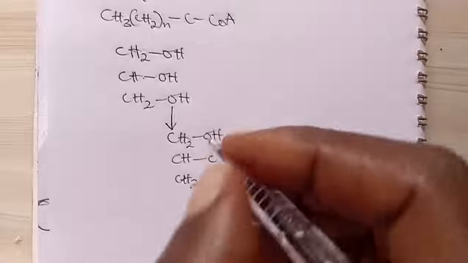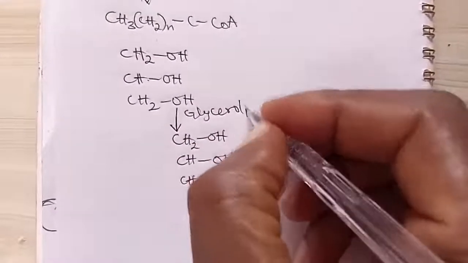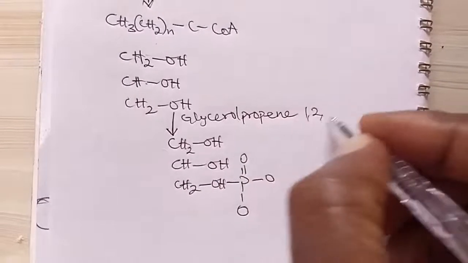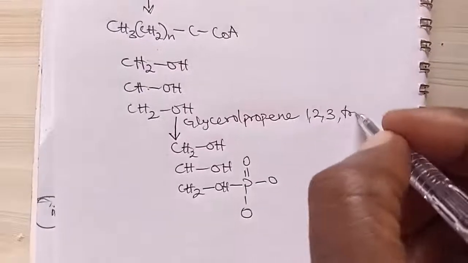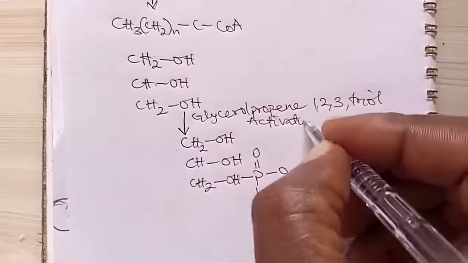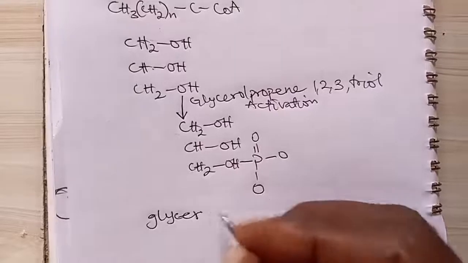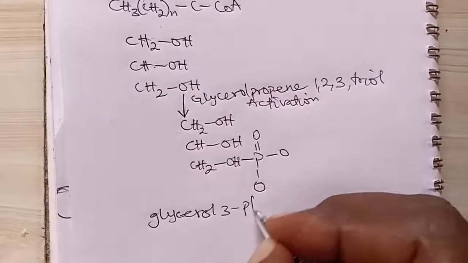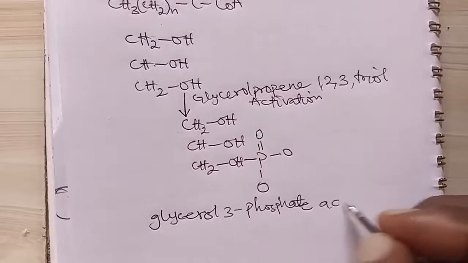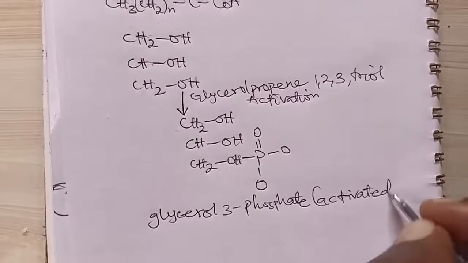So here is glycerol, propane-1,2,3-triol, activation. Then here is glycerol 3-phosphate, activation. That here is now activated glycerol.